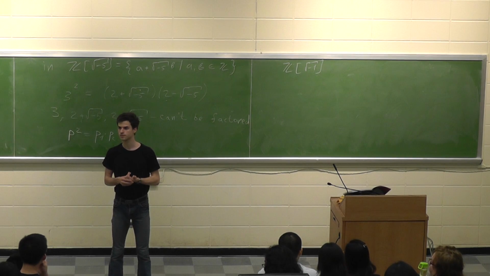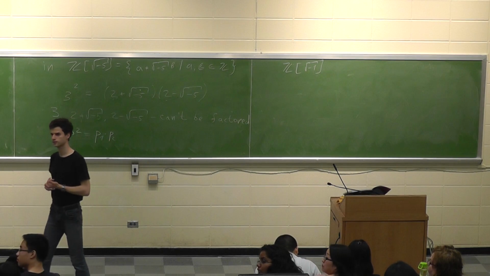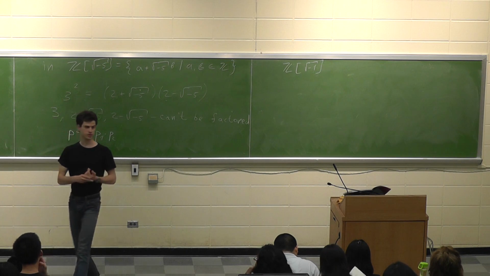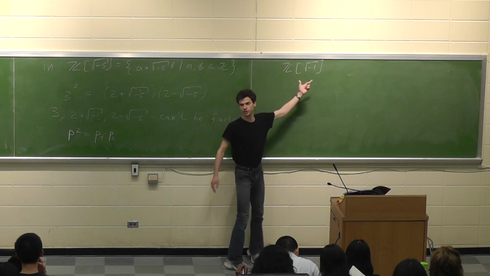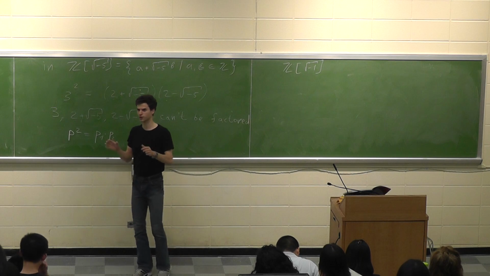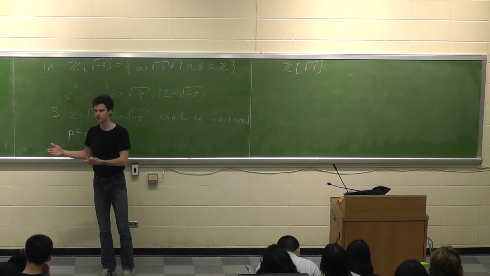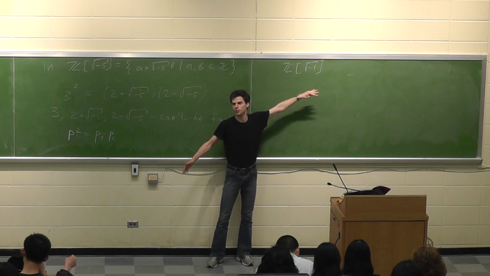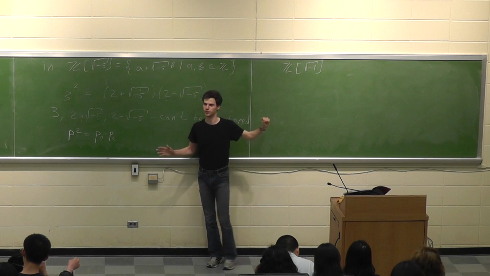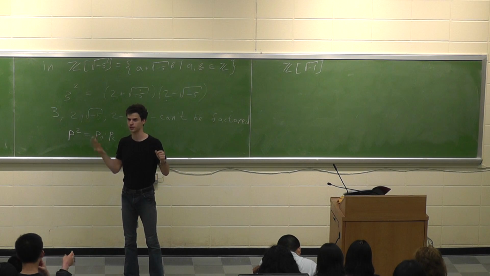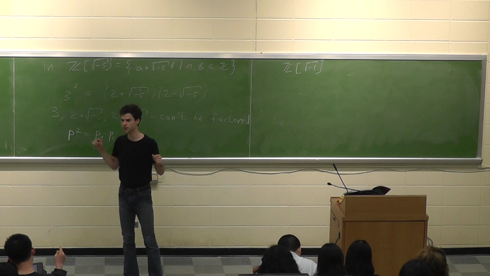Yes, you get unique factorization, so there's only one way to factor any given number. The idea is that you start from a number, write it as a product of things which are not factorable any further, and the claim is that in these integers you can do it in only one way. Well, essentially only one way. You can of course reorder the prime factors, and multiply each factor by plus or minus 1, plus or minus i.